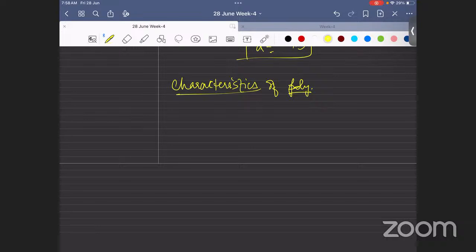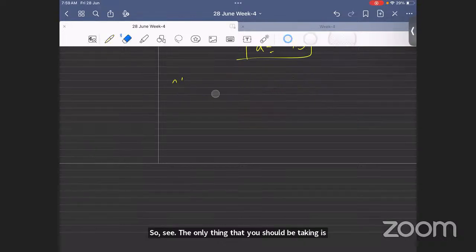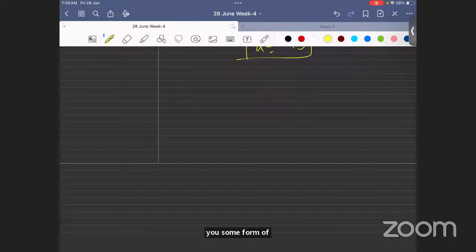The only thing that you should be checking is, for the first type of question, they can give you some form of a graph directly and ask whether the given graph is a polynomial, or how many of them are polynomials, basically.